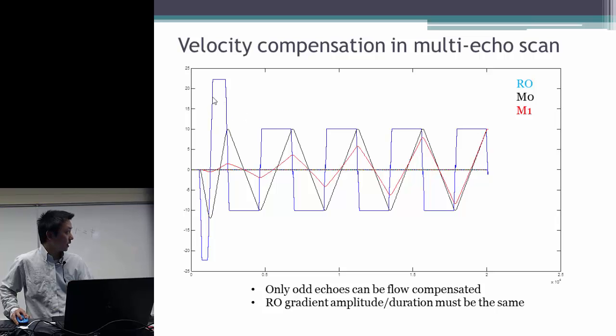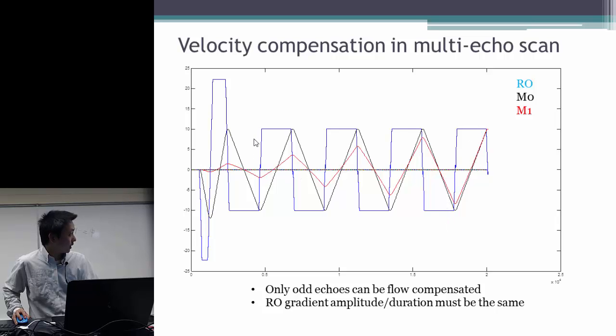I directly copied this data from its sequence design tool, and then I calculated its gradient moments. These black lines are the zeroth gradient moment, and these red lines are the first gradient moment.